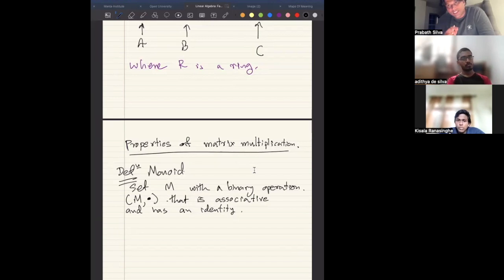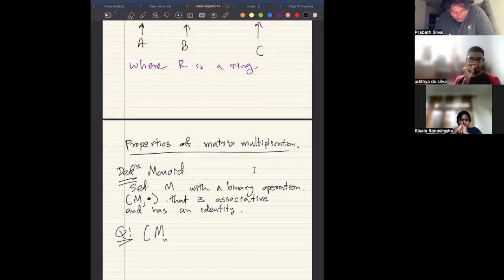So the basic question we can ask is, we take M, let's say n by n matrices over a ring under multiplication, is it a monoid?